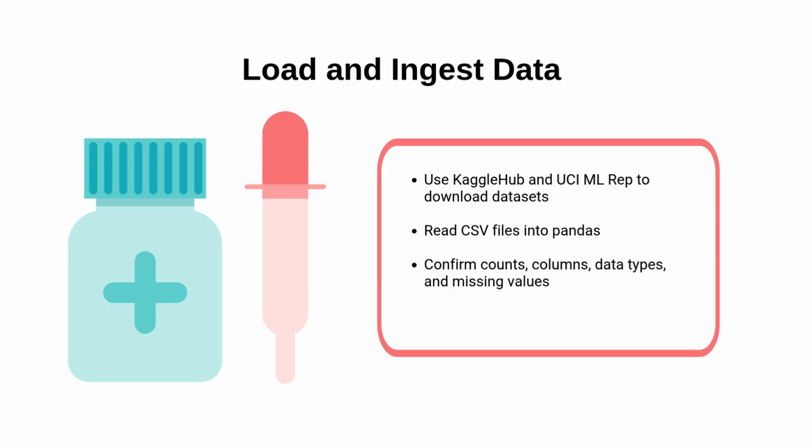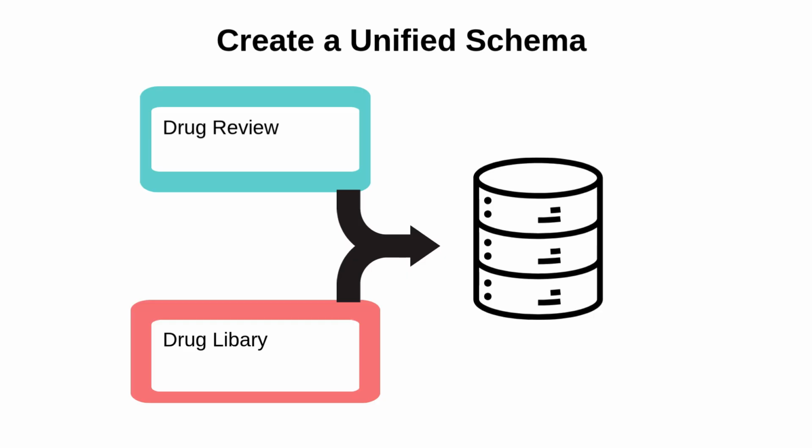Once the data was validated, we moved on to creating a unified schema across both datasets. Although both datasets contain patient drug reviews, they use different column names and structures. To create a single analysis-ready dataset, we standardized the variables into a common schema.